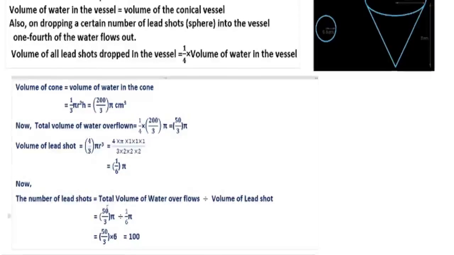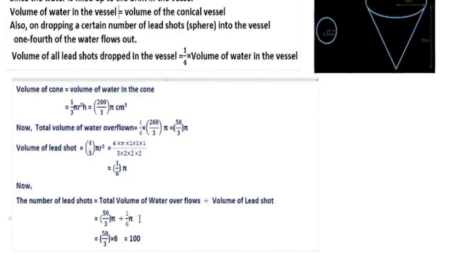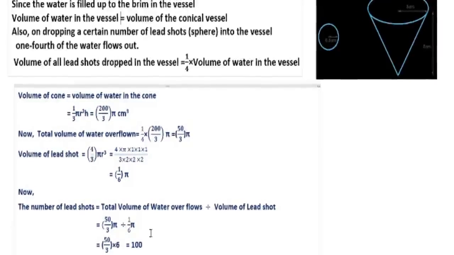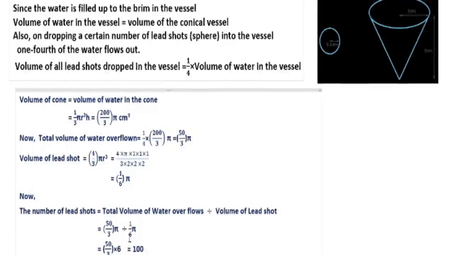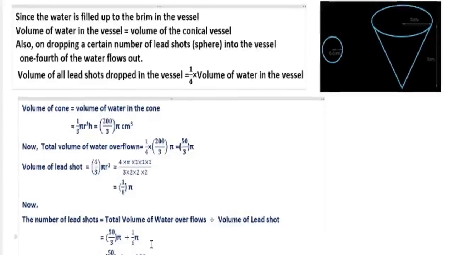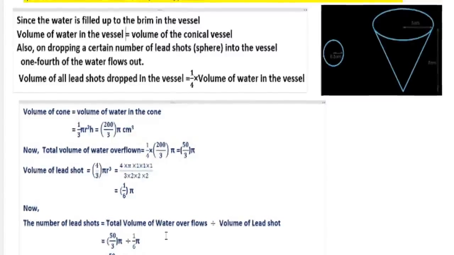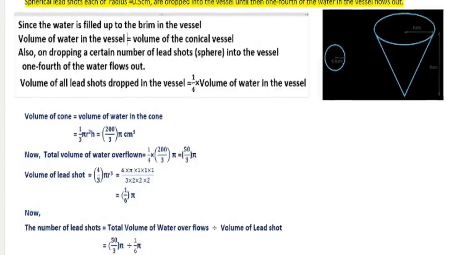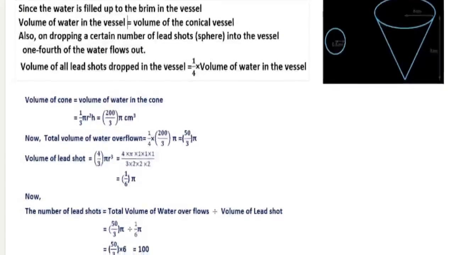That means 50/3 pi divided by 1/6 pi. Pi and pi cancel, and you will get the answer 100. That means there are 100 lead shots. So here we found the number of lead shots equal to 100. Now we will move to the next question.